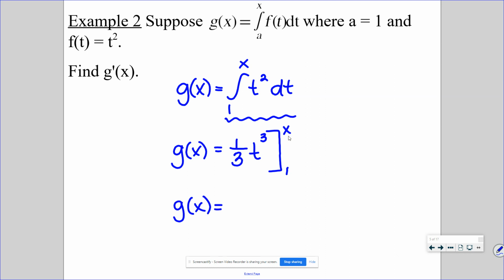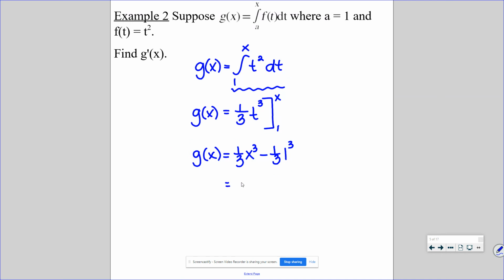And we can keep going. Let's plug in the x. And let's plug in the 1. And let's solve. So if we solve this, we would get 1/3 x to the third minus 1/3. So that's the equation for the function g of x.